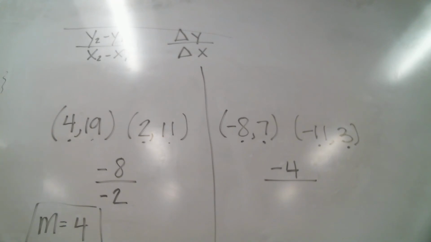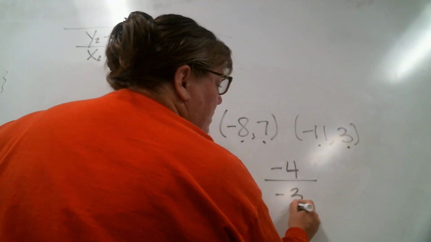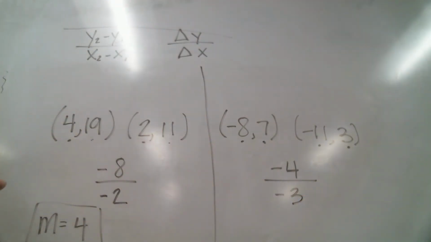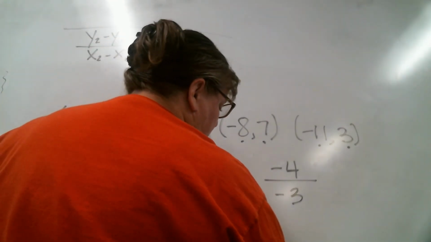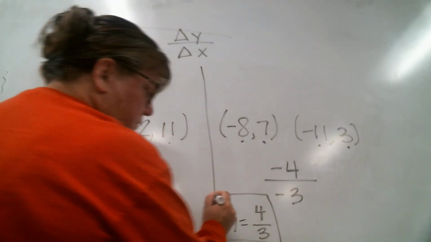You're moving further negative by 3 more jumps. So from -8 to -11 would be a change of -3. Okay. The 4 over 3 can't simplify, but negative over negative makes it positive. So our slope would just be positive 4 over 3 for your final answer.